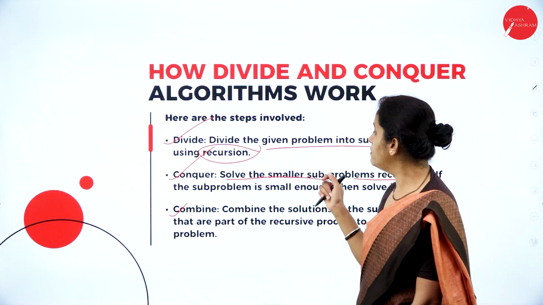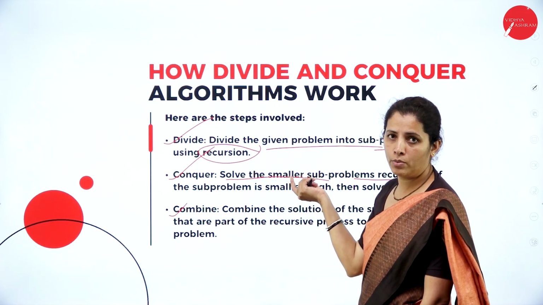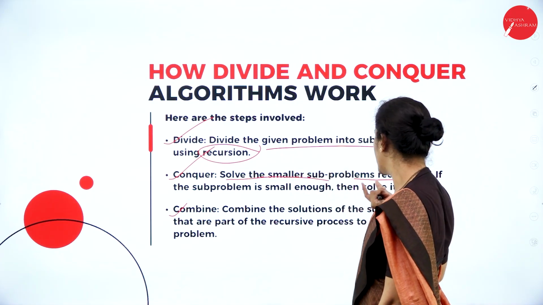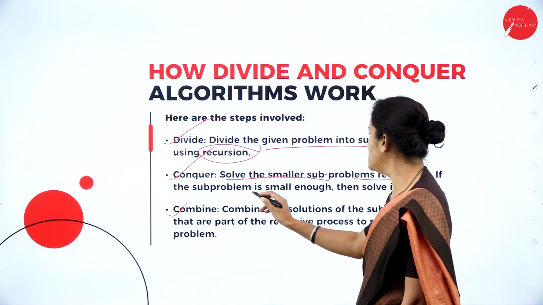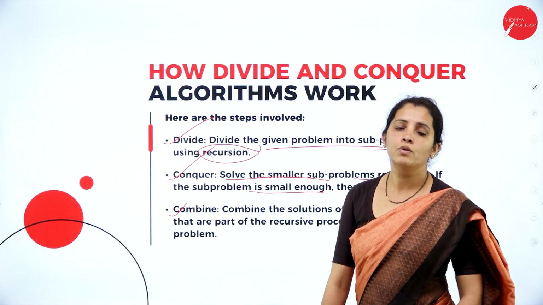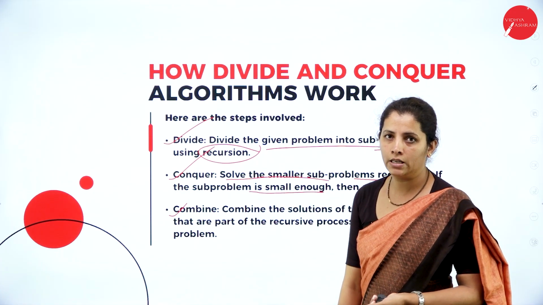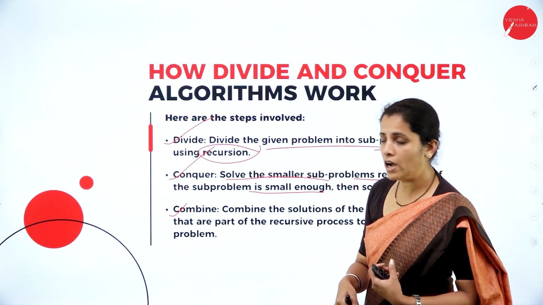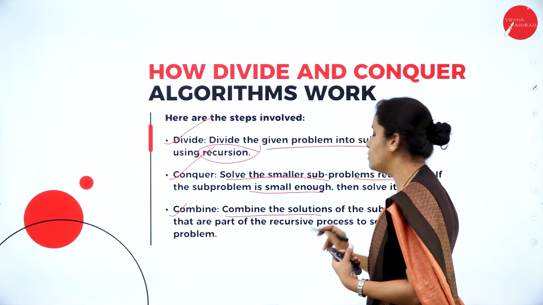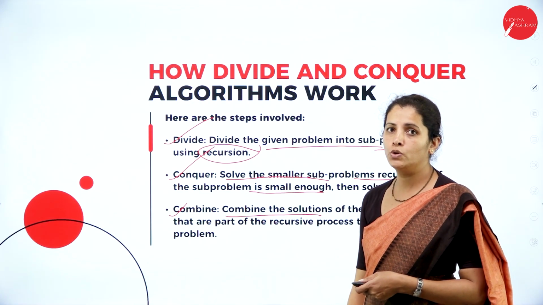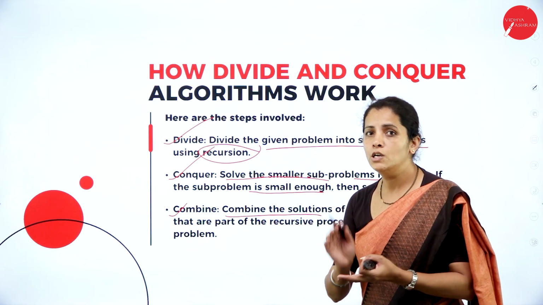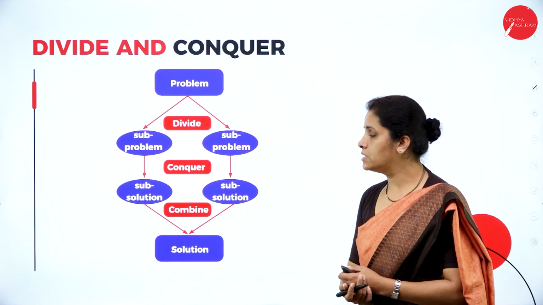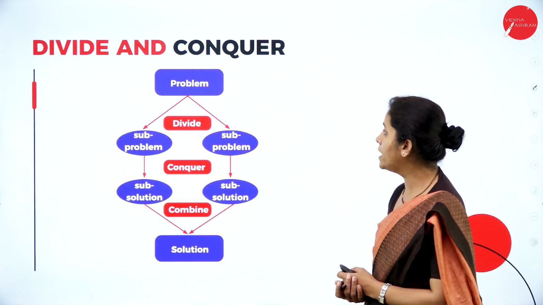If the sub-problem is small enough, then we directly solve it, so I can use a recursive function or a normal function. And at the end, I'm going to combine the solutions in order to get the final solution. Now let me explain this concept with the help of a diagram.